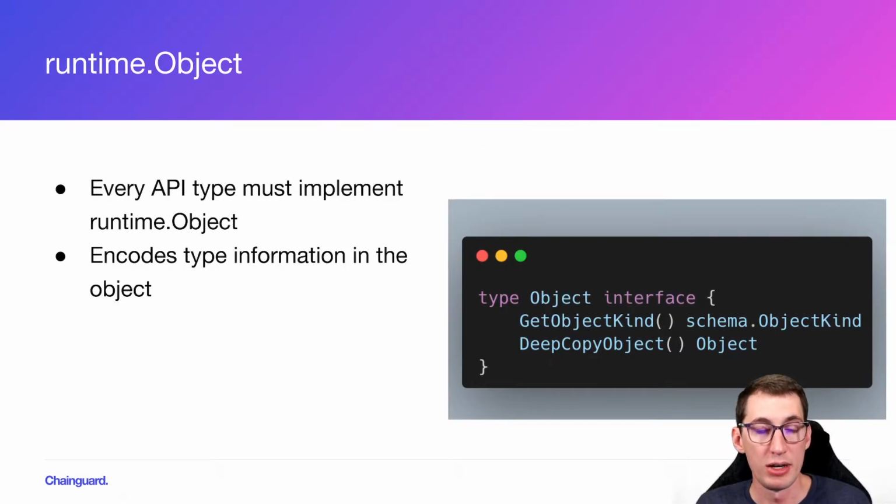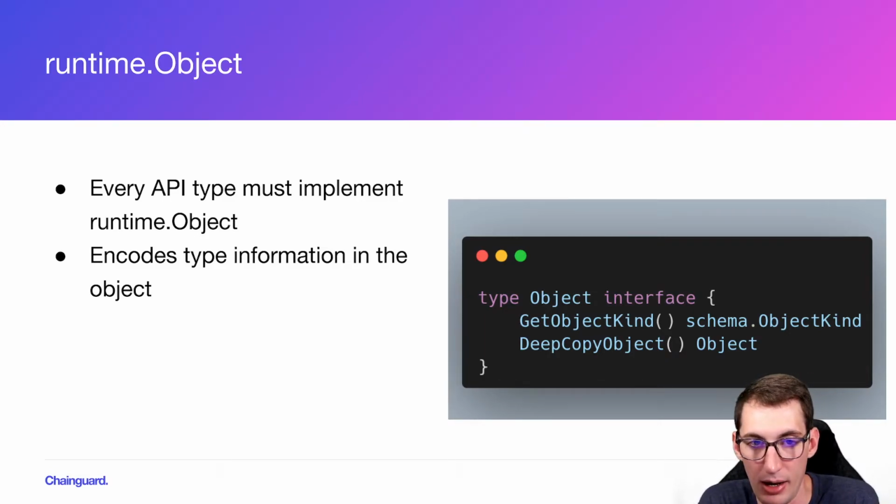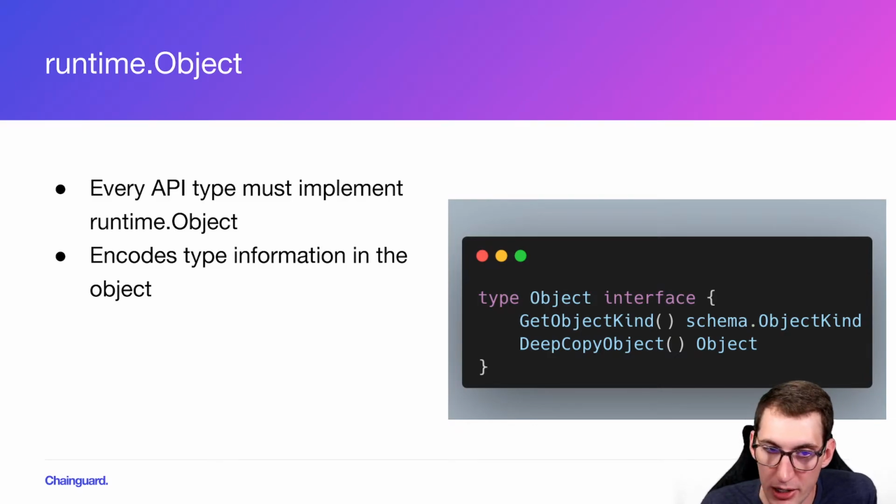And then there's the runtime object. This is the interface that every single Kubernetes resource must implement when it comes to the Go type. There are two very simple functions defined on here, GetObjectKind and DeepCopyObject. The first one is how we embed and encode type information into the object.